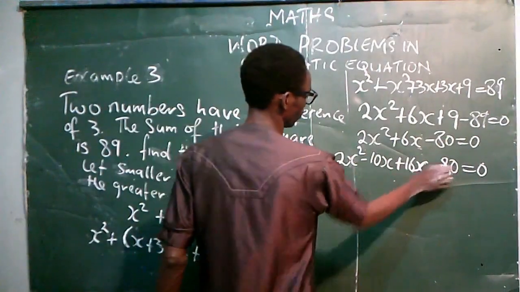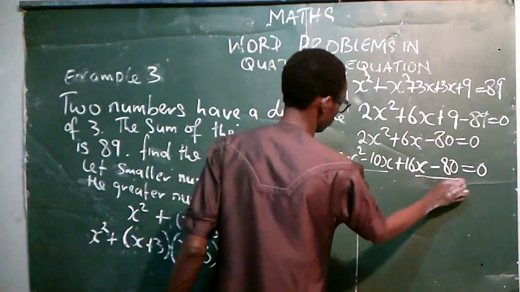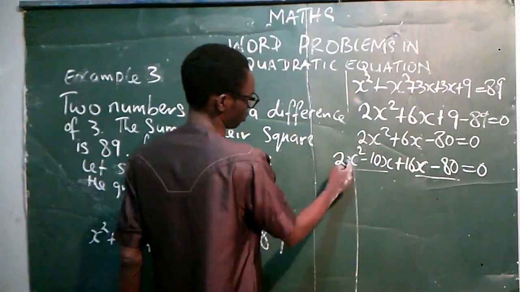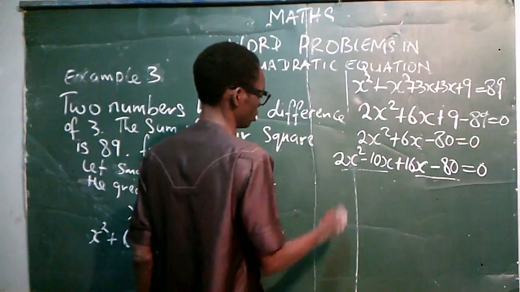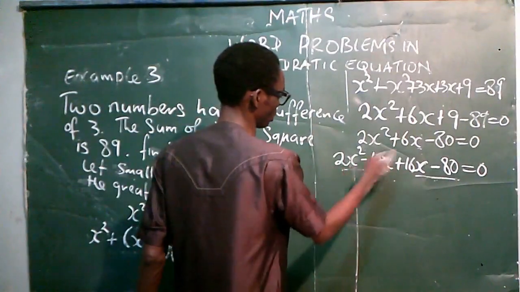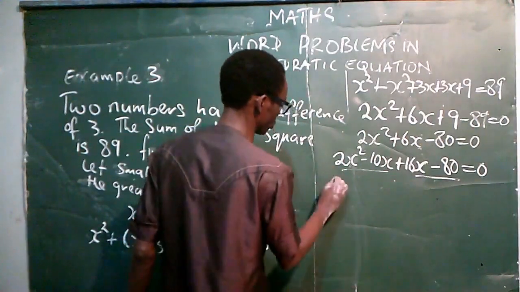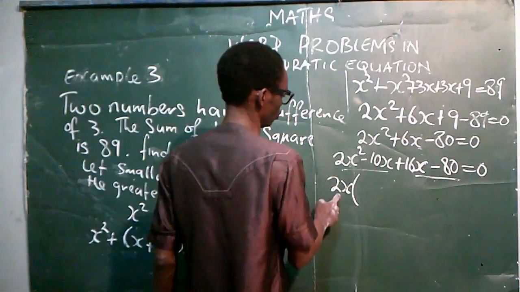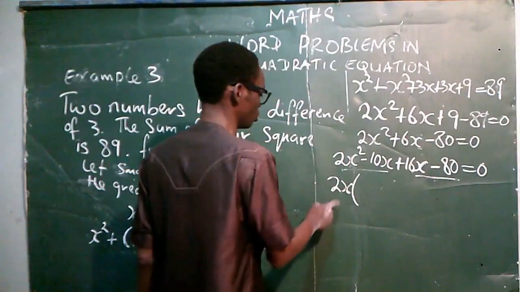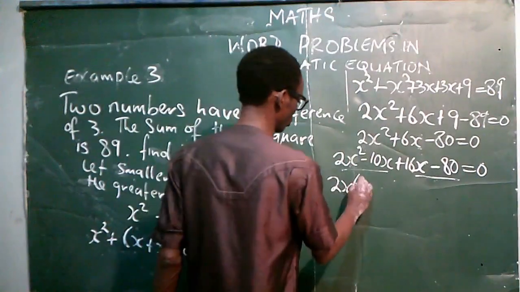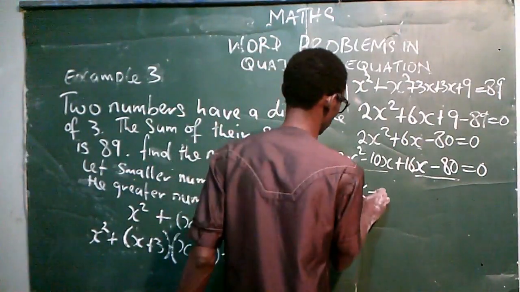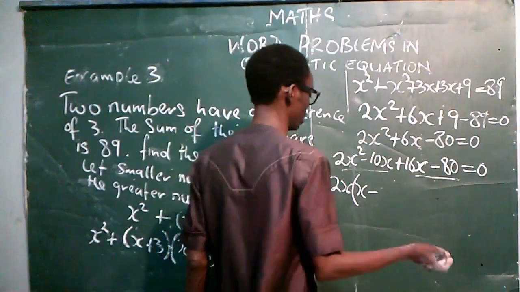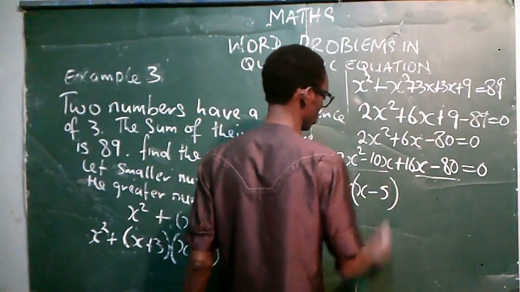Take the first two terms. x is common to both, and 2 is also, so 2x is common. So I will say 2x bracket: into 2x squared, what remains is x, minus 2x into 10x, what remains is 5, close the bracket.